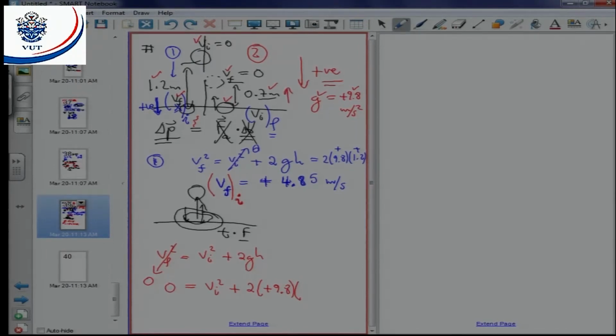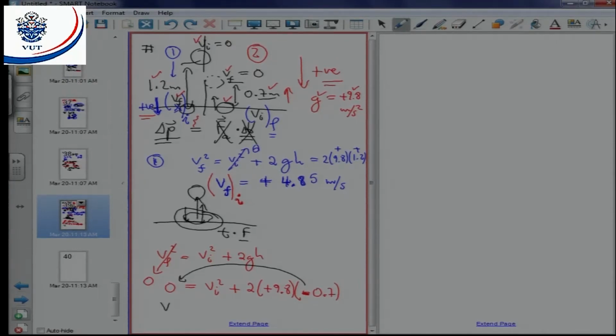The displacement is in the opposite direction of our positive, so negative 0.7. You might be worried how we're going to have a square root of a negative. Actually we won't, because if you take this to the other side, the negative becomes a positive.